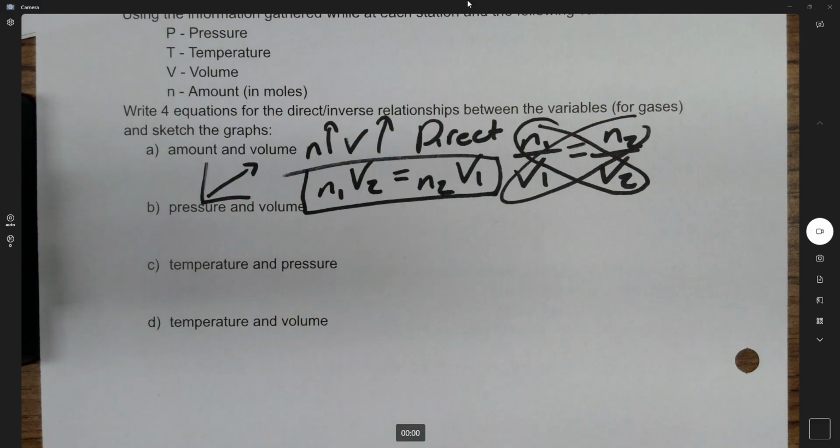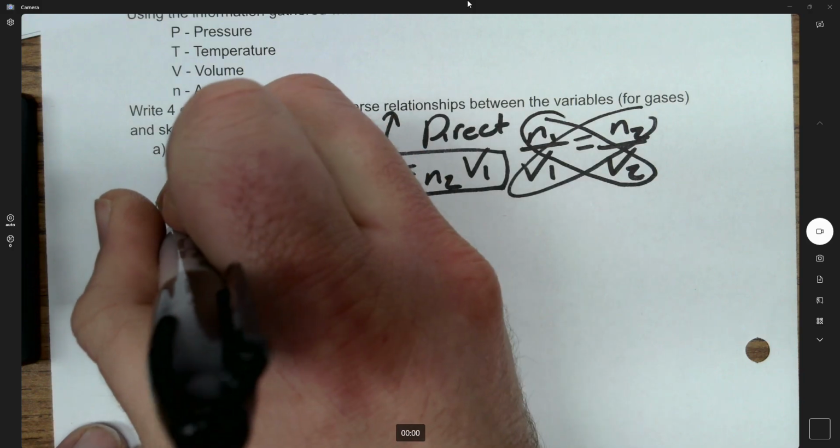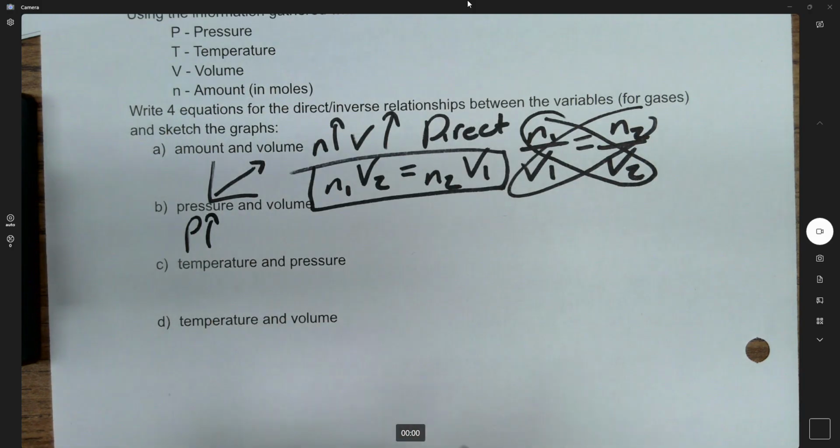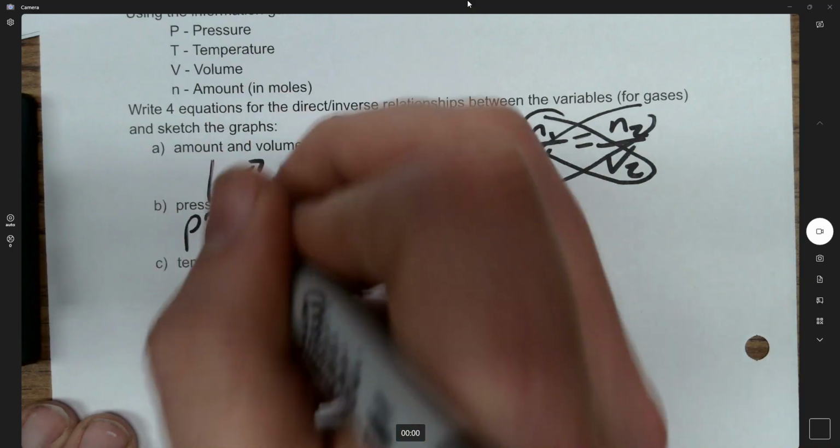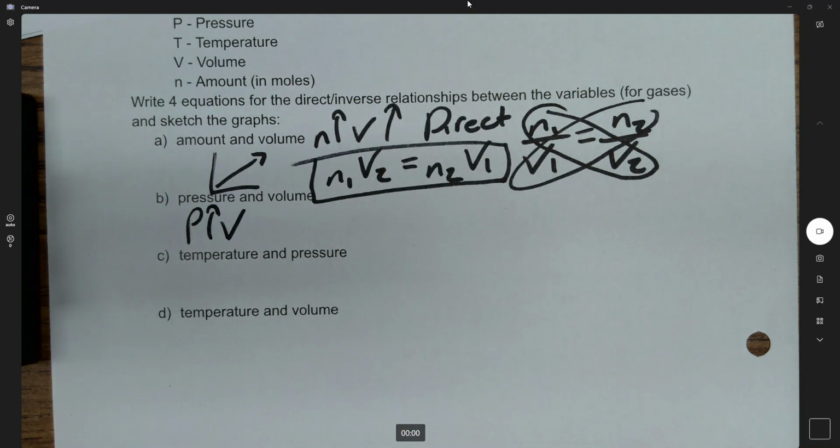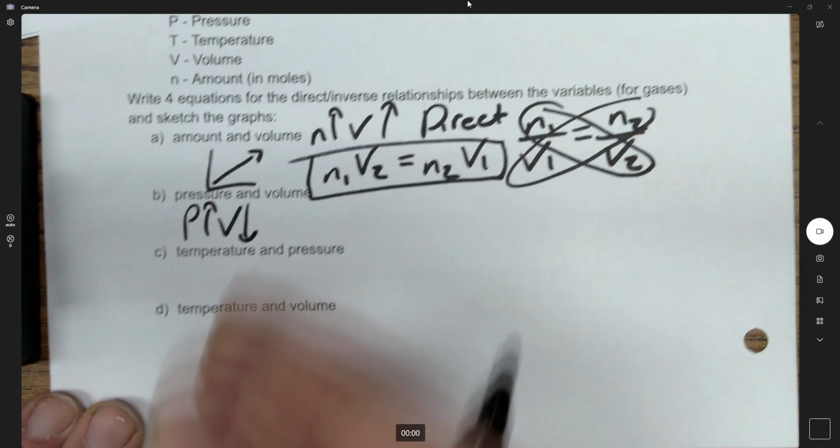At station 2, we had our syringe where we were pressing down the syringe. We were exerting force onto our syringe, pushing the air out. But as I pushed on the syringe, what did the volume do? It decreased.